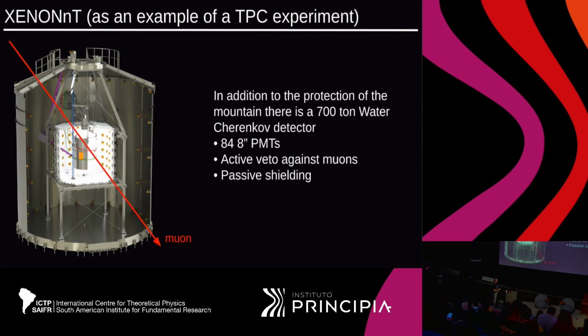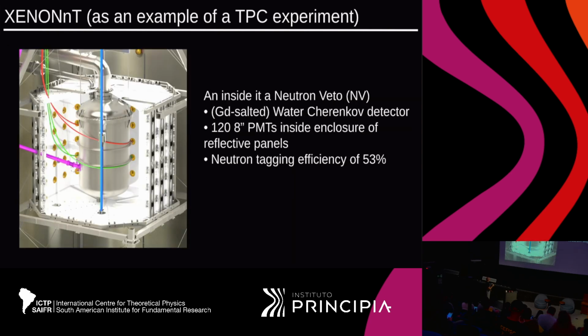After that, we are focusing on the inner part of this, and then there is another Russian doll layer, okay? Here you have the neutron veto. Here it's a very similar design, okay? Inside this vessel is our TPC, but it is placed inside another volume that has gadolinium salted water.